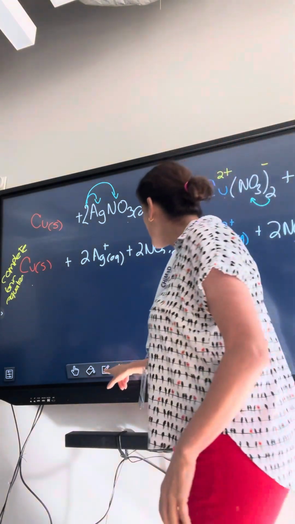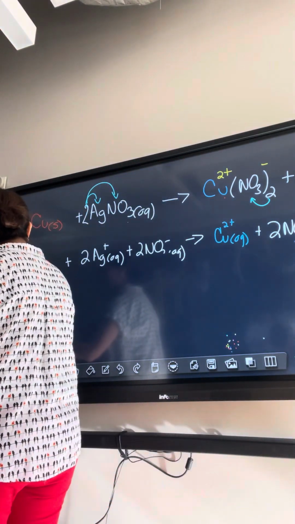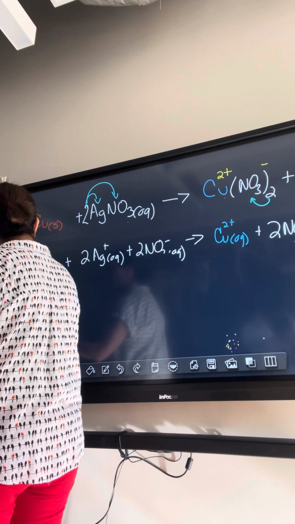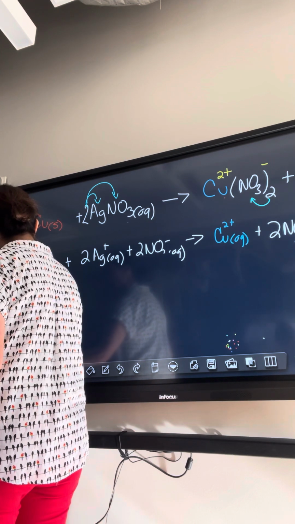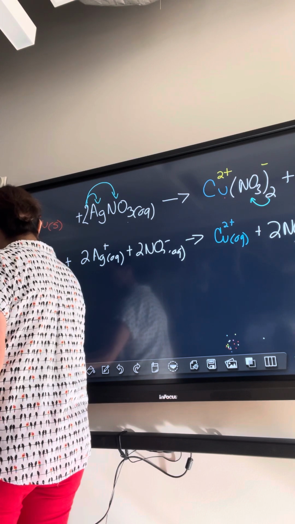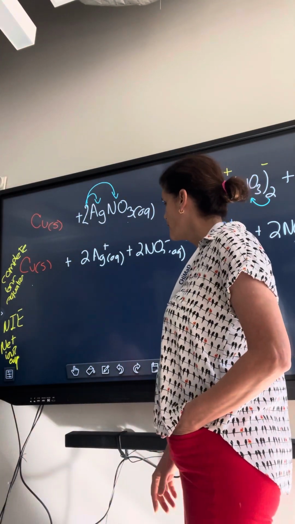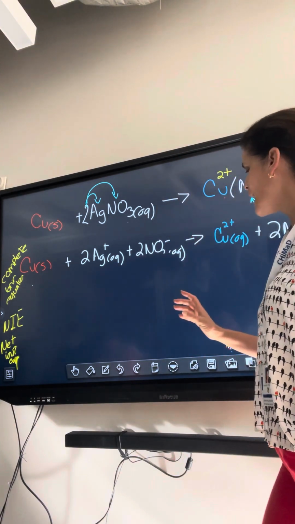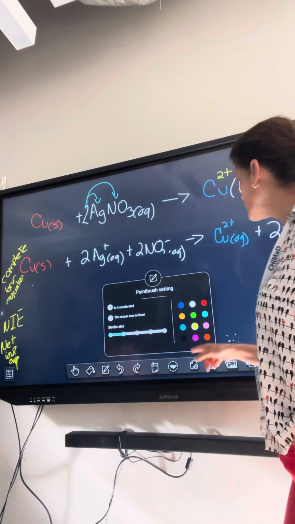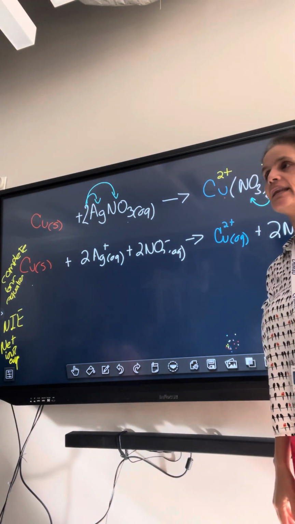Now the net ionic equation, which is what I was telling you some people prefer. Net ionic equation. I'm only going to write what actually did anything because people don't want to see all the other stuff. What didn't do anything, Marshall?